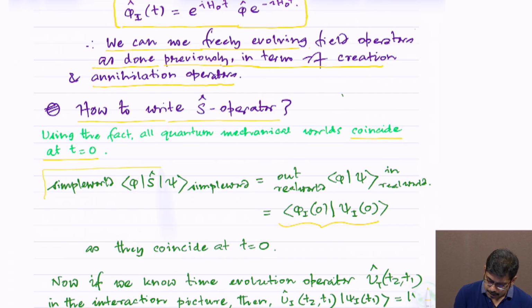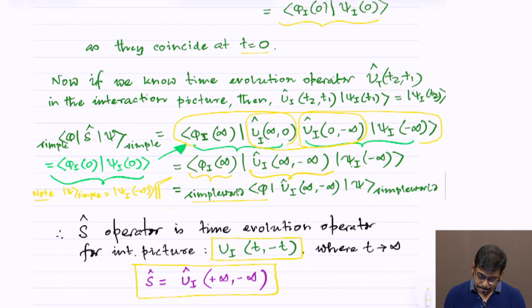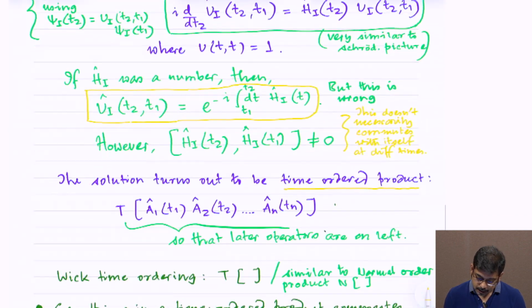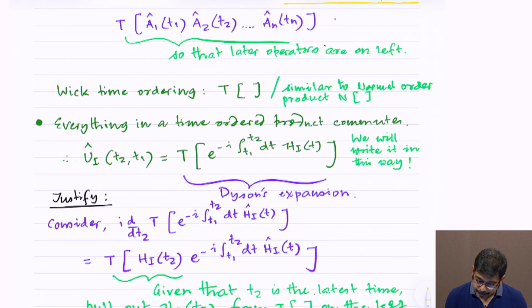This is the amplitude that we are interested in calculating, and it can be expressed in terms of phi psi in the real world, and they coincide at t equal to 0. Then you can find that the expression for this U is essentially the time ordered product of e to the power minus i integral from t1 to t2 dt H_I(t), where H_I represents the interacting Hamiltonian.